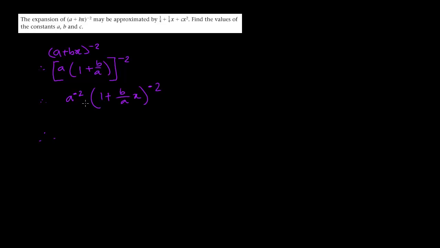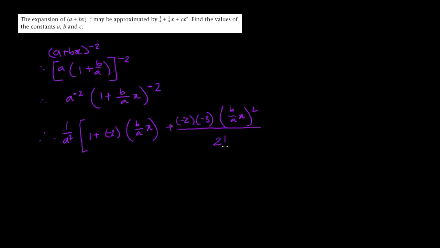Okay then, so 1/a² (1 + (-2)(b/a)x + (-2)(-3)(b/a)²x²/2!). Let me just close that bracket.